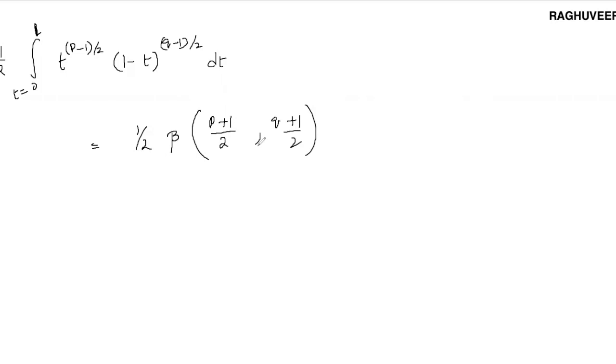now this is equal to gamma p plus 1 by 2, gamma q plus 1 by 2 divided by 2 gamma p plus q plus 2 by 2.